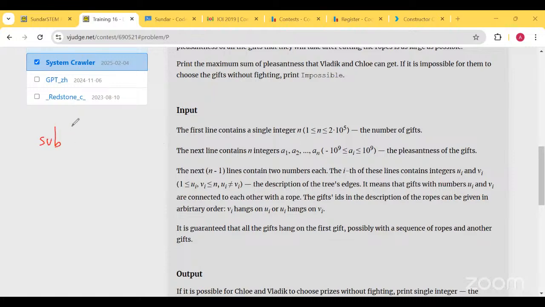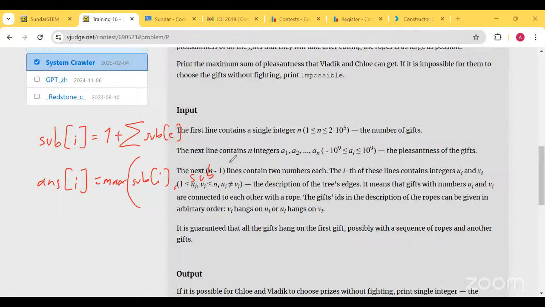The first one is the subtree size, which is 1 plus the total subtree size of all children. And then let's say dp i is equal to the maximum between sub i and the maximum of all sub c for all children.